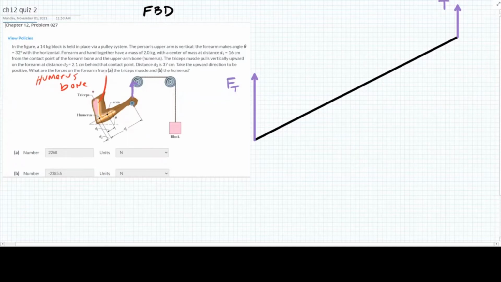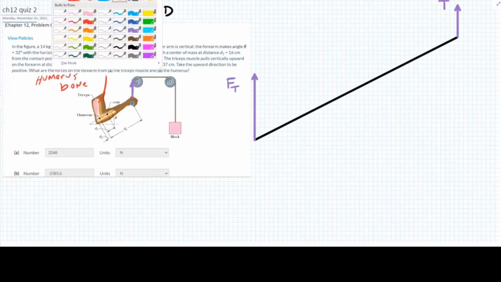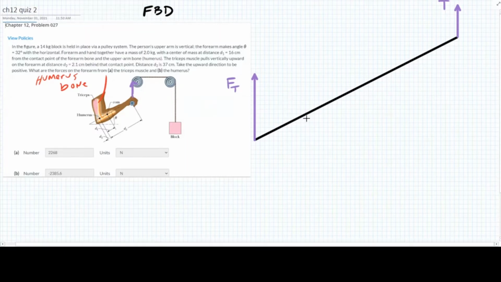This humerus bone is exerting a normal force onto my forearm, and I'll show that as a force as well. Here it is, right about there. So I'll call this F subscript H for humerus.